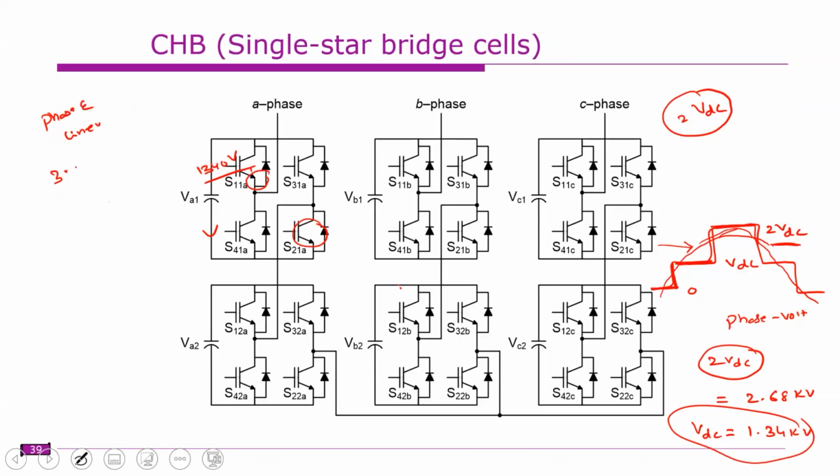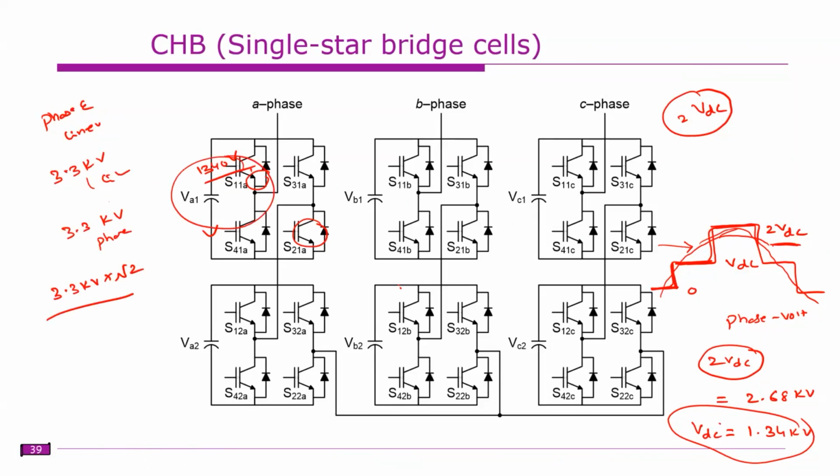If it is 3.3 kV line voltage, that means the phase voltage is also 3.3 kV. Now the phase voltage peak is 3.3 kV into root 2, so that is the peak value. This will be equally divided, for example, if you have 2 H bridges per phase, equally divided by 2.